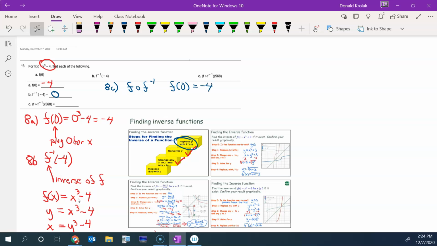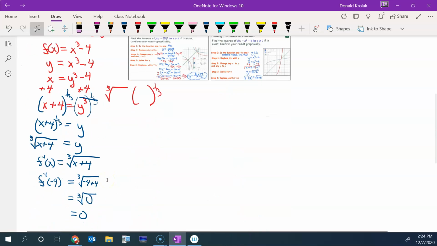What that means is the point 0, negative 4 is on the graph. Now the second one is the inverse of negative 4. All that means is that it's just this reversed, negative 4, 0. So we could have done part B without doing any of this algebra.